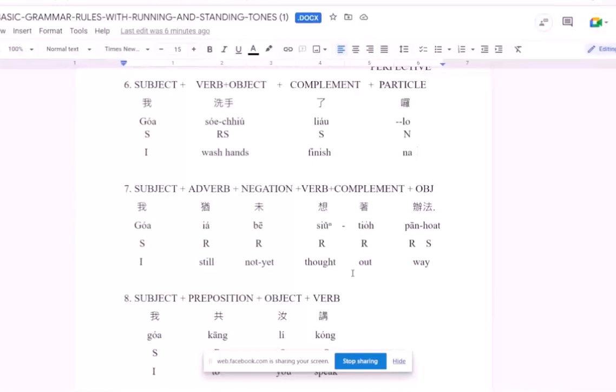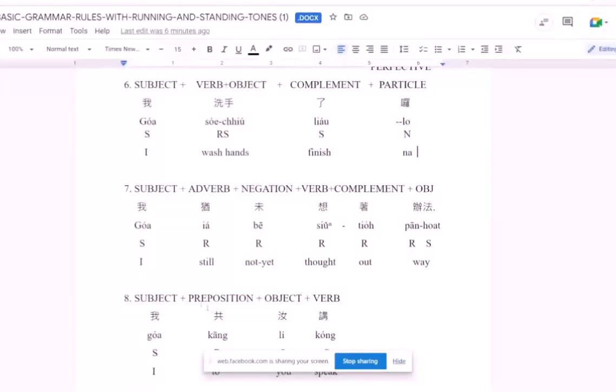It doesn't indicate completion, but it can indicate that it has already happened before, but not necessarily mean that it's completion. And then panhuat is a method or a way.